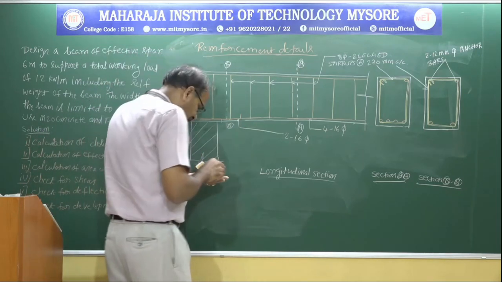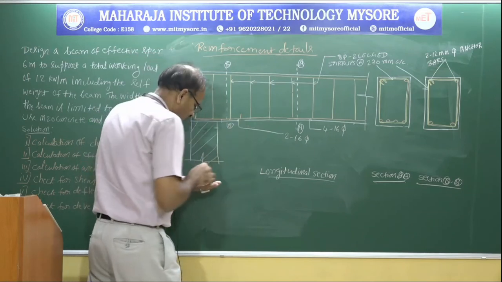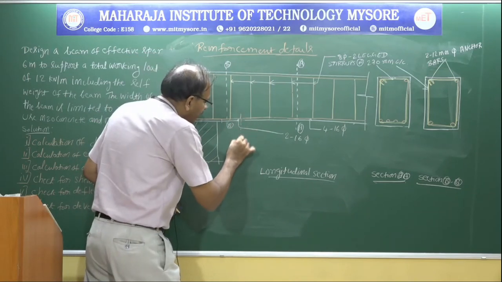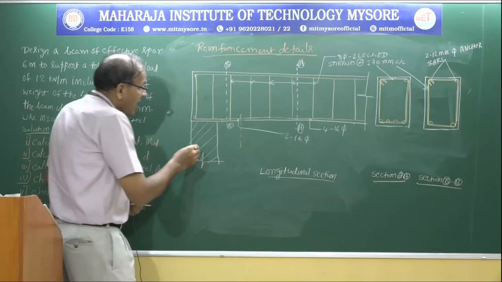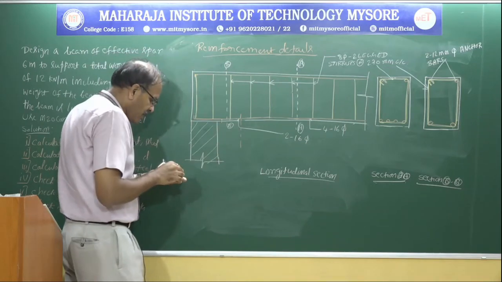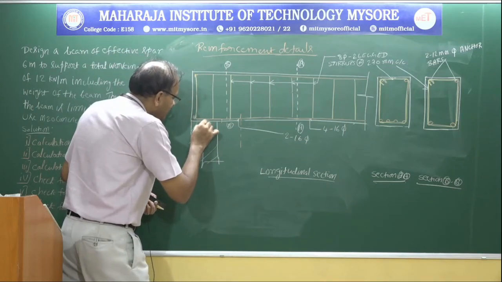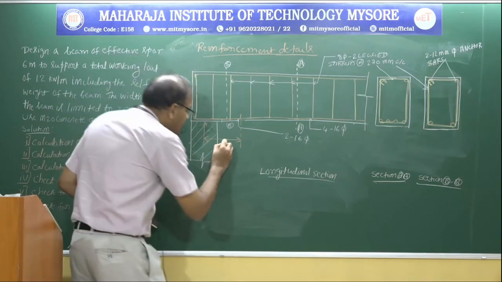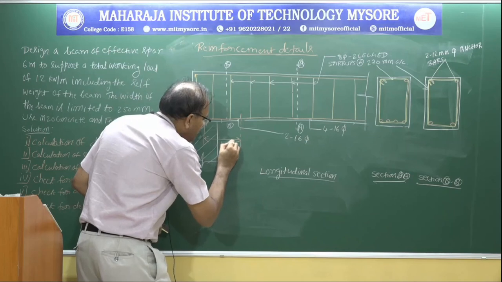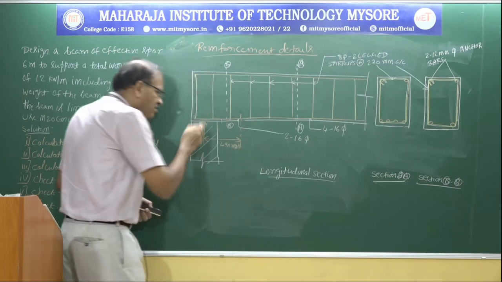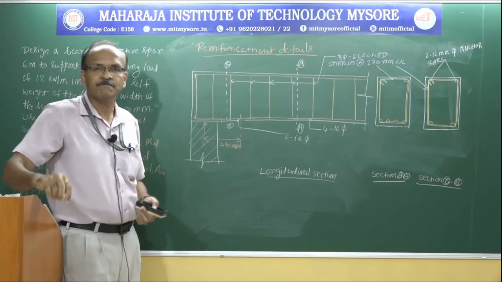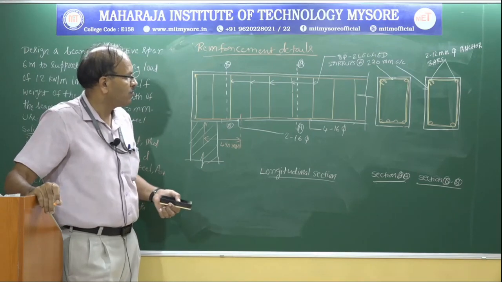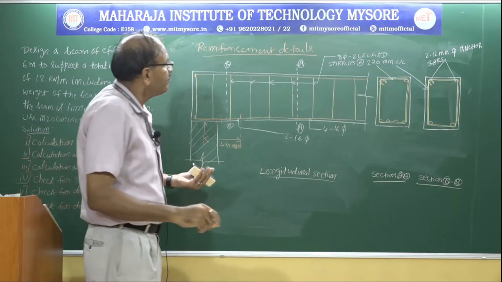And if you look back at the calculation, we have the curtailed bars here, and the curtailed bar is located at a distance of 490 millimeter from the center of the support. Okay.